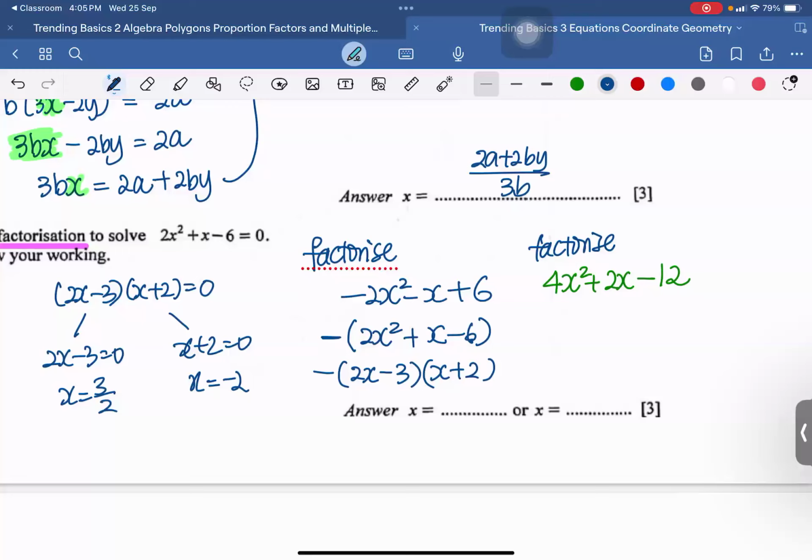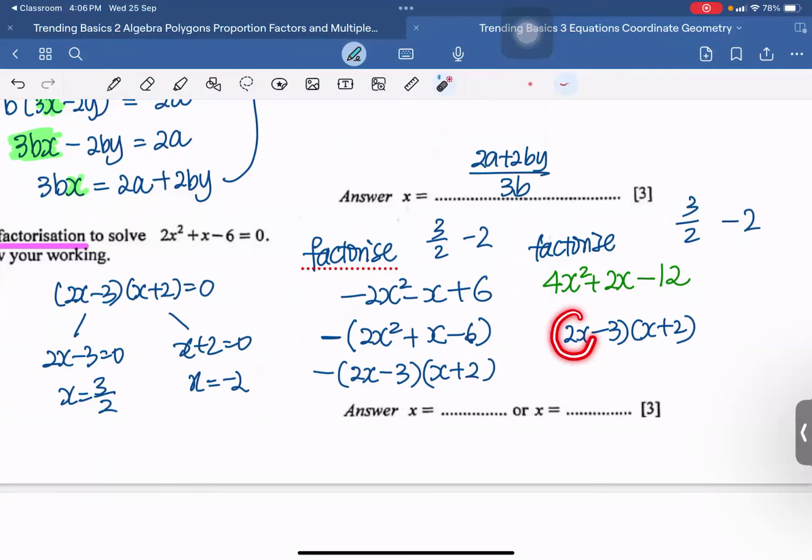Hello? Yes. So you get 3/2 and -2. Correct. Is it also the same answer as just now? If I do this, based on my 3/2, I'll get 2x minus 3, x plus 2 again. But check, is 2x times x 4x squared? No, right?